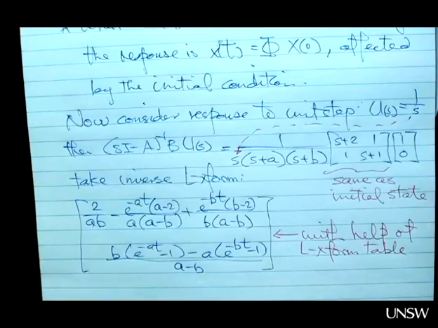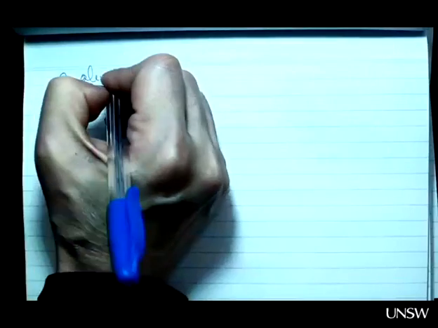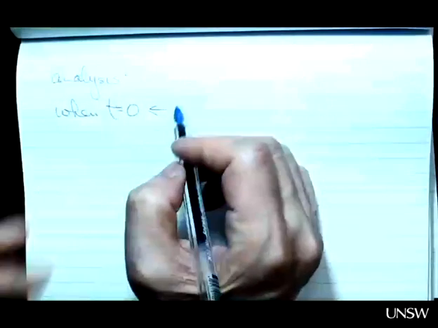The important thing is that from this expression, what we can see. So we have the analysis. So when t equals 0, it is the very initial stage.